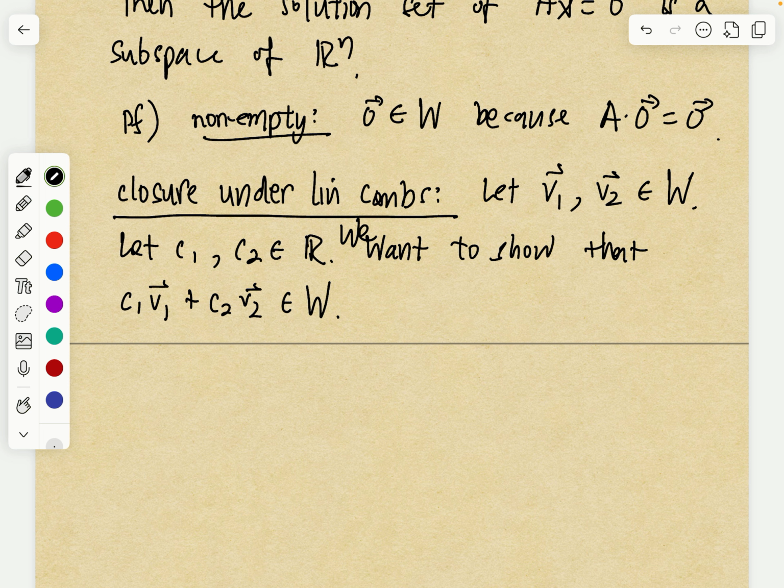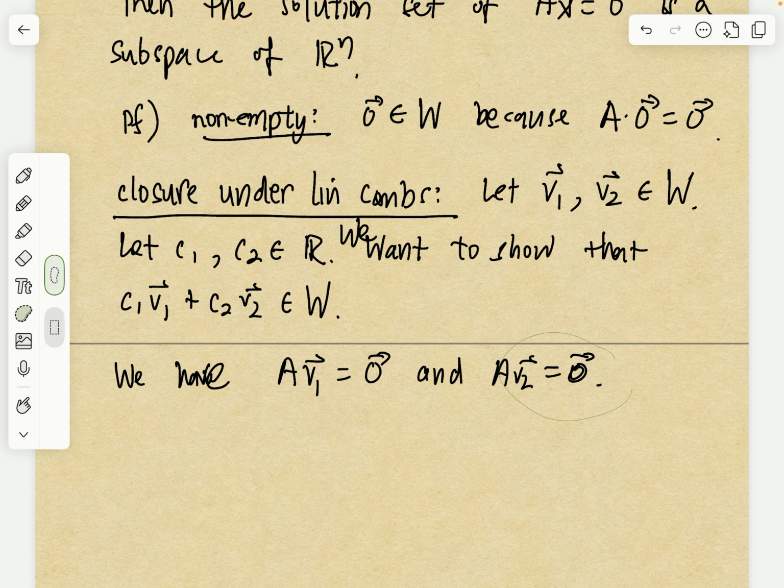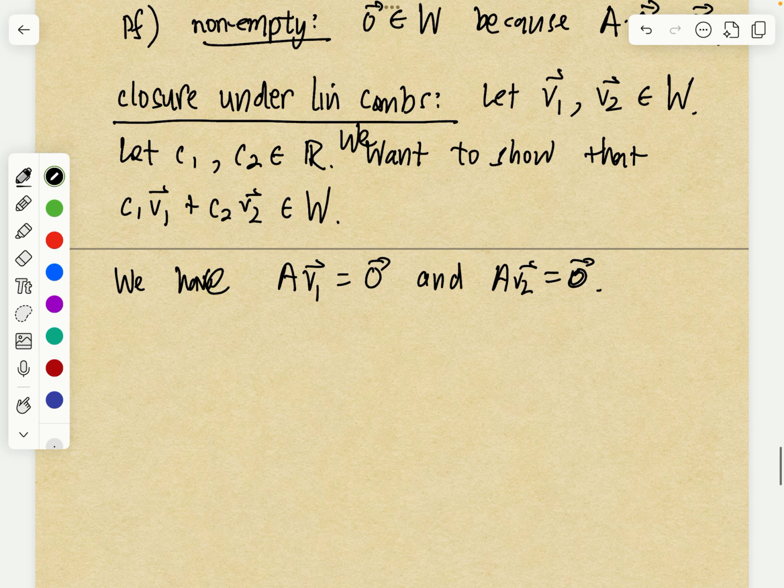So since V1 and V2 are in W, we have A times V1 is the 0 vector, and A times V2 is the 0 vector. Now keep in mind that this 0 vector is the 0 vector in Rm, right? Because the outputs are in Rm.